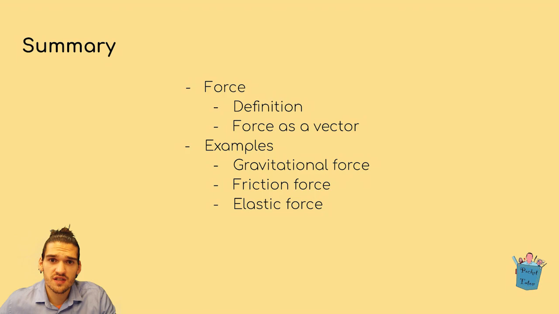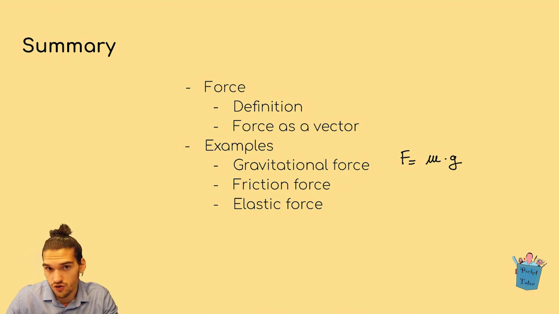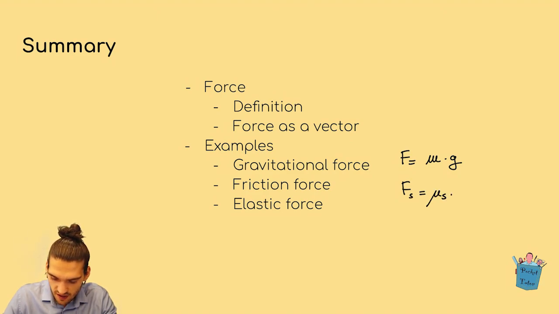And then we've seen three simple examples that are the gravitational force or the weight that the body feels, whose equation is F is equal m times g, or g times m. The friction force, whose equation for the static one is F is mu s times N, the normal force. And lastly, we've seen the elastic force, that is Fe equal to minus k times delta.